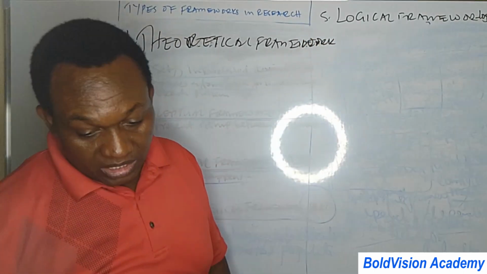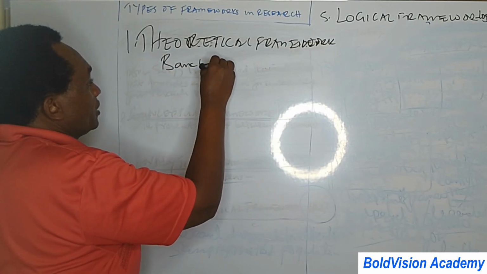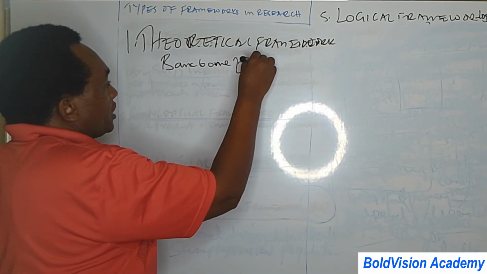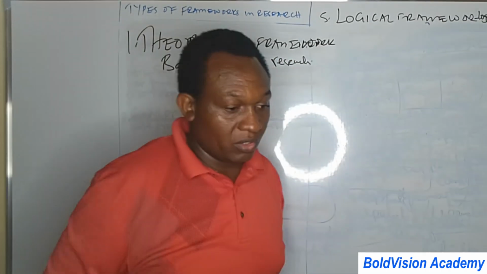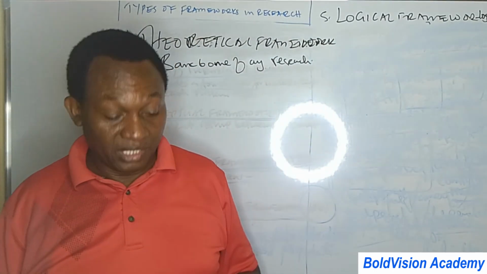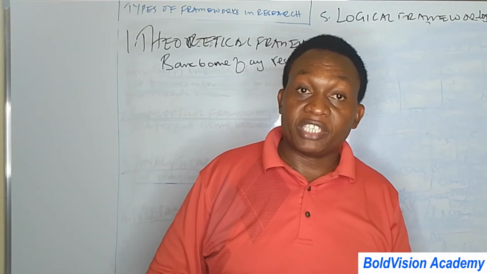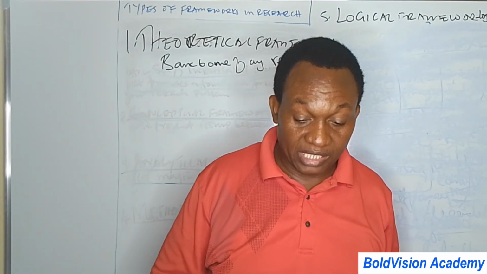So the theoretical framework is actually the backbone of any research, because it tries to explain the theories and also gives the support and justifies why you are carrying out that study.